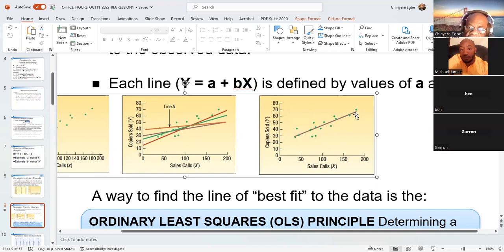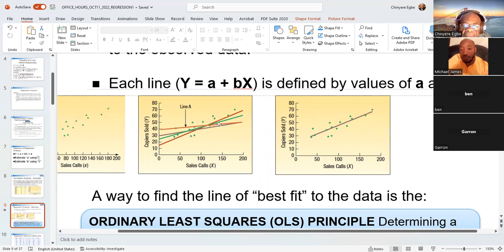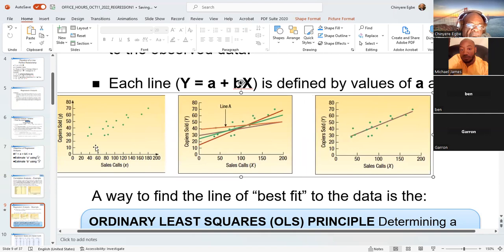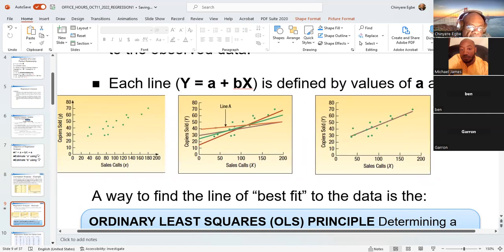The relationship is not perfect, but there is a tendency. And you can see in this case, the tendency is positive. The more sales calls, the more copiers sold. And so our objective is to draw a line perfectly in the middle of this scatter plot. And we achieve that by using an estimation process called ordinary least squares.